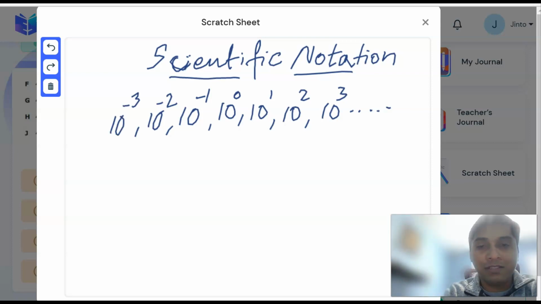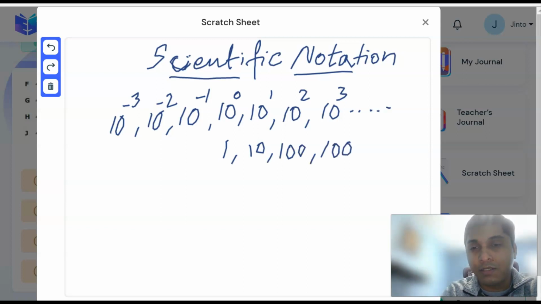Anything to the power of 0 is 1, 10 to the power of 1 is 10, 10 squared is 10 times 10, which is 100, 10 to the power of 3 is 1,000. It goes on to the right side.